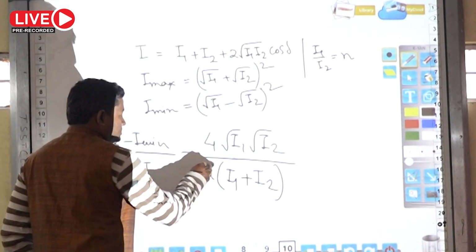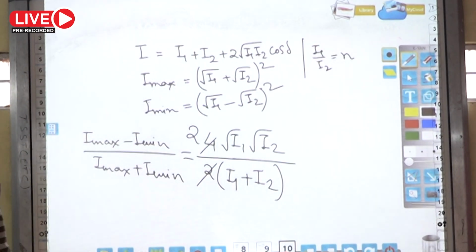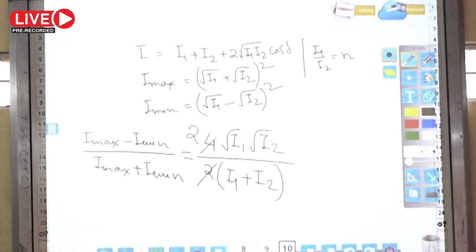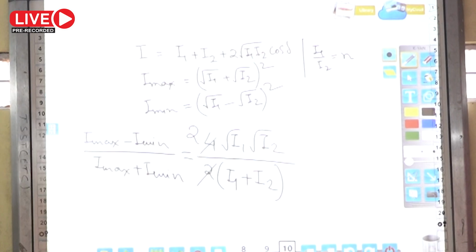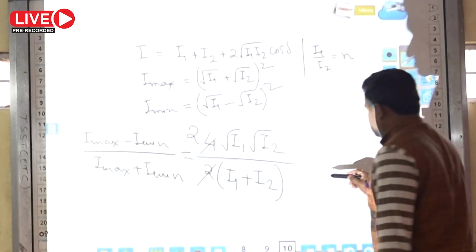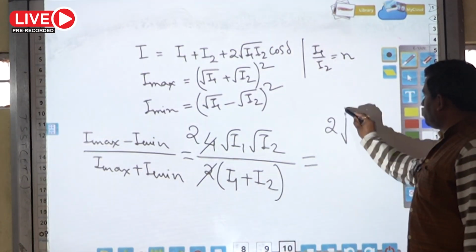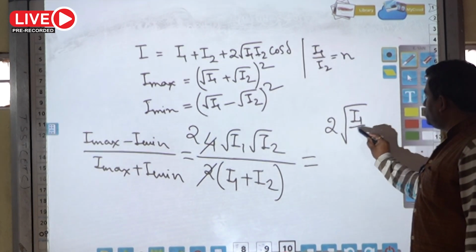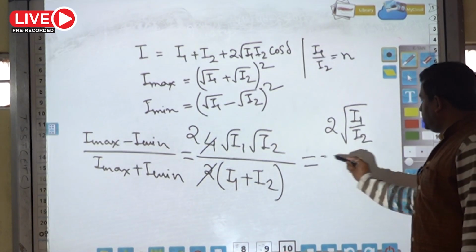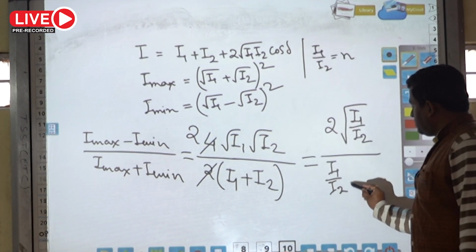Then the 2 cancels. Then divide numerator and denominator both by I2. What you will get? 2 root over of I1 by I2, divided by I1 by I2 plus 1.